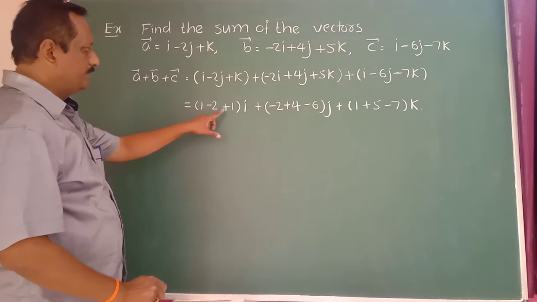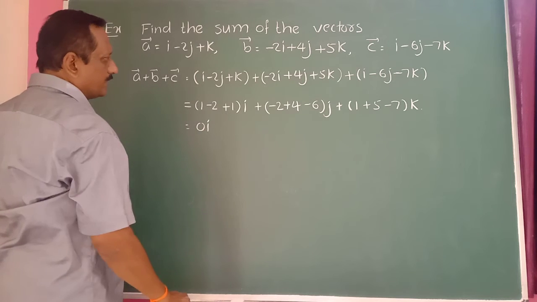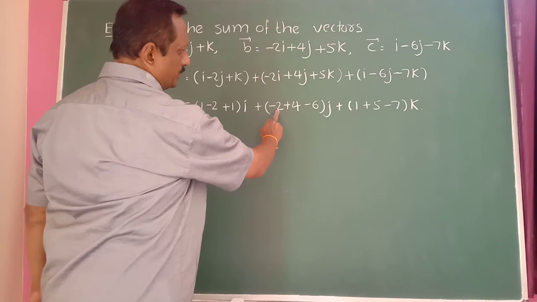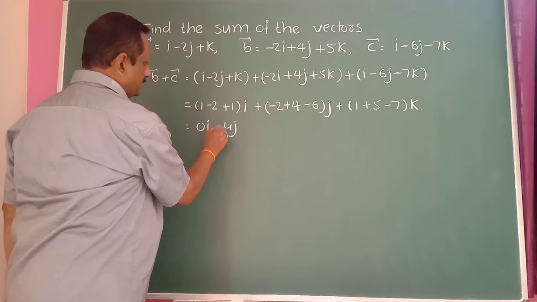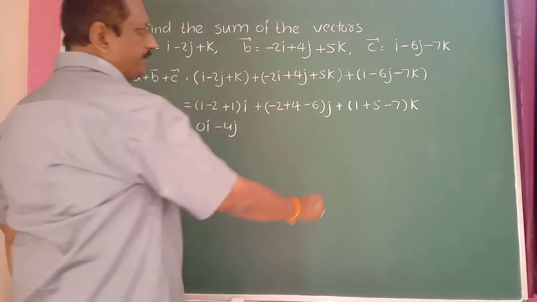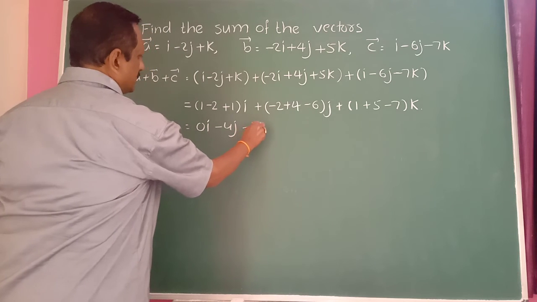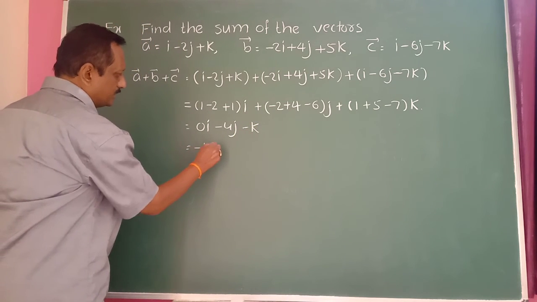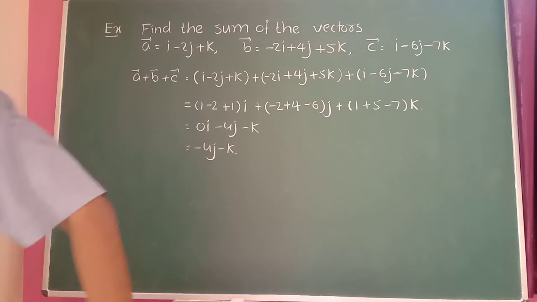Here 1 plus 1 becomes 2, 2 minus 2 becomes 0, 0i. Then minus 2 plus 4 minus 6 gives minus 4, minus 4j. Then 5 plus 1 is 6, 6 minus 7 is minus 1, so minus k. Therefore this is equal to minus 4j minus k. So this is the answer here.